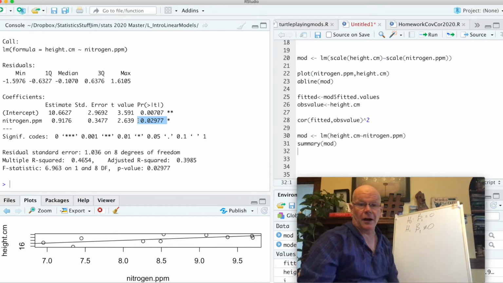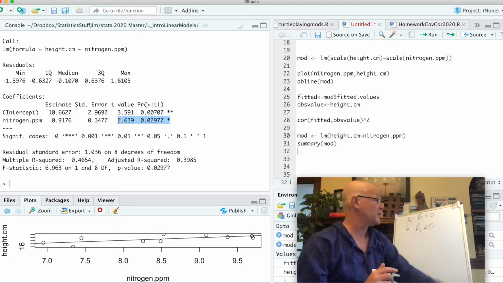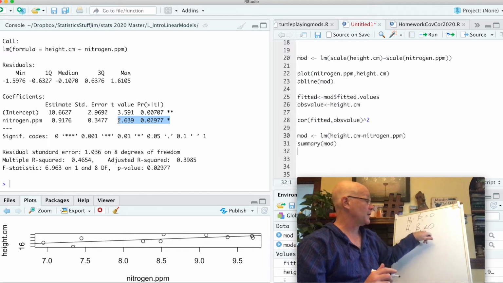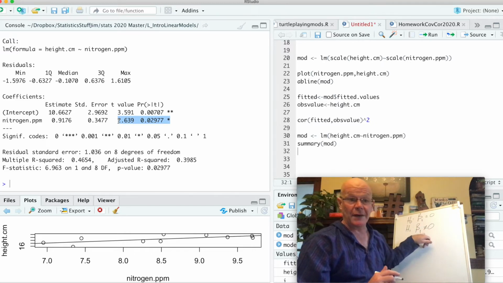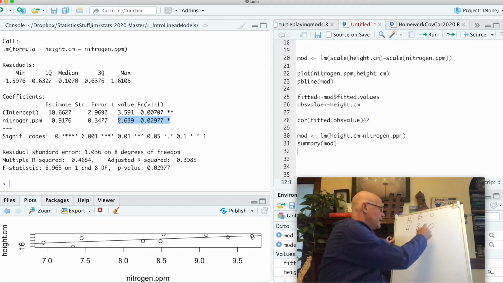That's what our t-test right here is telling us, that based upon an alpha of 0.05, we will reject the null and accept the alternative, which means that the best way that we can describe our value for y, our height, is including the intercept in there. Because if this is different from 0, that means that we have our intercept and we have a slope.